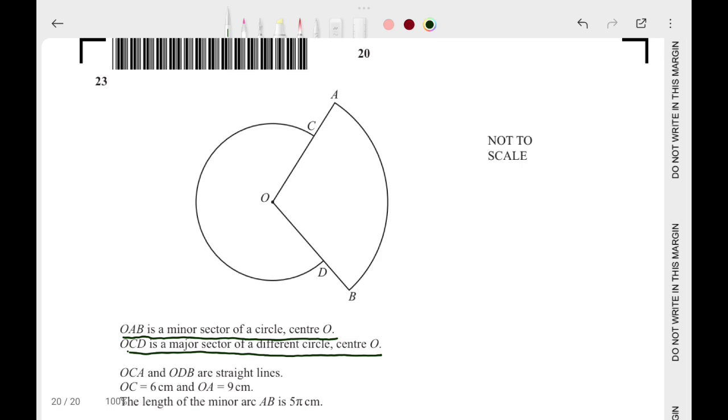OCA and ODB are straight lines, and their radii are given. OC is equal to 6 centimeter and OA is 9 centimeter, the outer radius, that is 9.